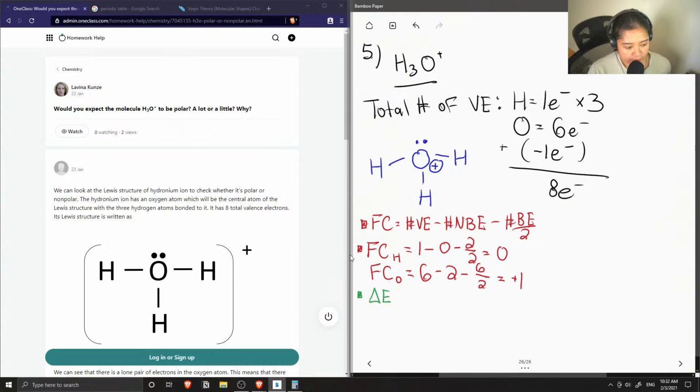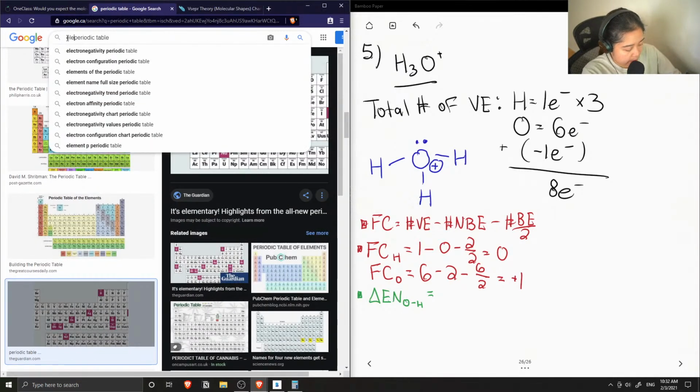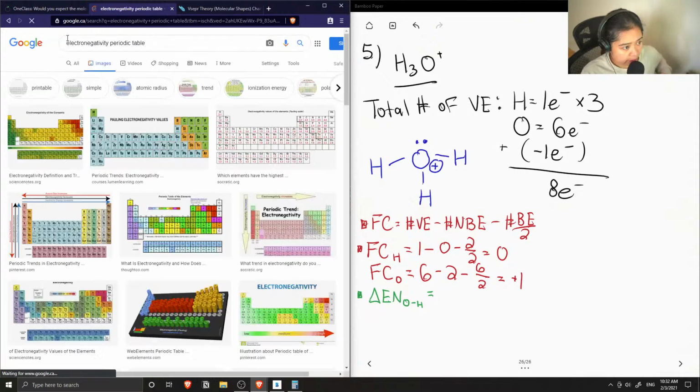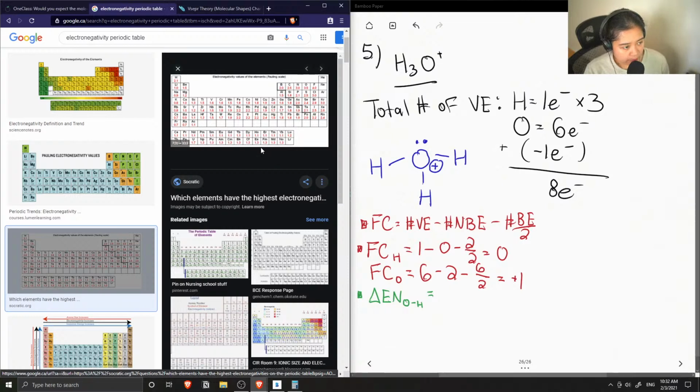So let's calculate the electronegativity difference between oxygen and hydrogen. So I can use a periodic table that shows all the different electronegativity values. Okay, so here's one.